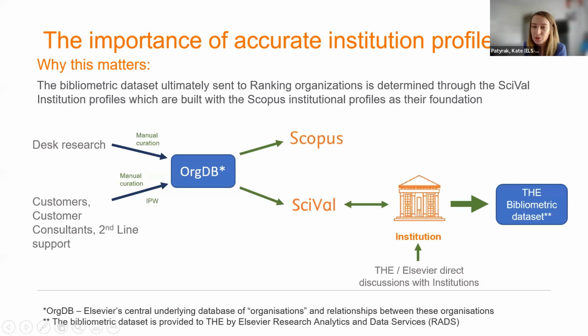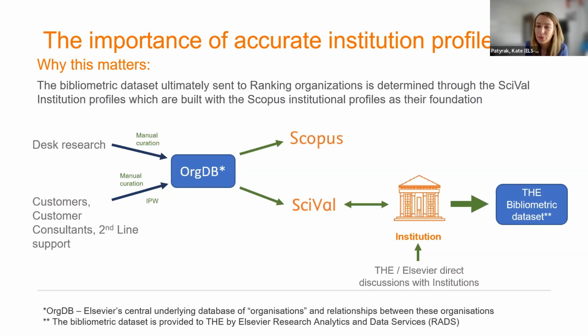Okay, and one more thing is, of course, the SciVal institution profiles, which consist of one or more affiliation profiles in Scopus, and which are used to select the bibliometric dataset used for each university in the rankings. SciVal used to create institutions based on affiliation hierarchies in Scopus together with manual curation efforts.